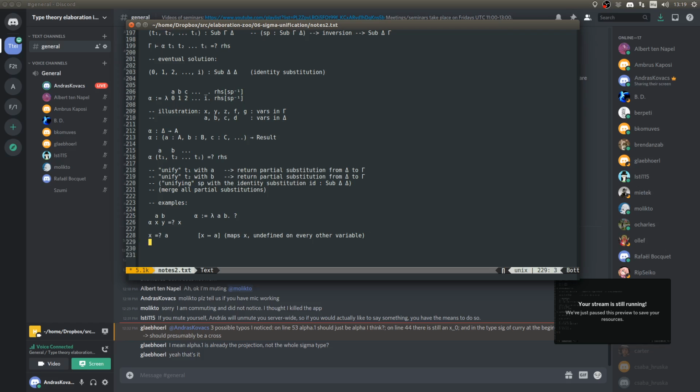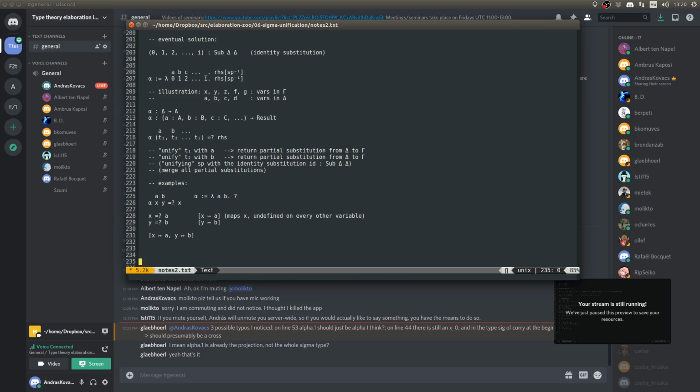So we have to unify x with A, and then we have to unify y with B. So the resulting substitution is something which goes from x to A, y to B, and then we apply. So this would be like the inverted substitution from the spine, and I can just use this on the right hand side.